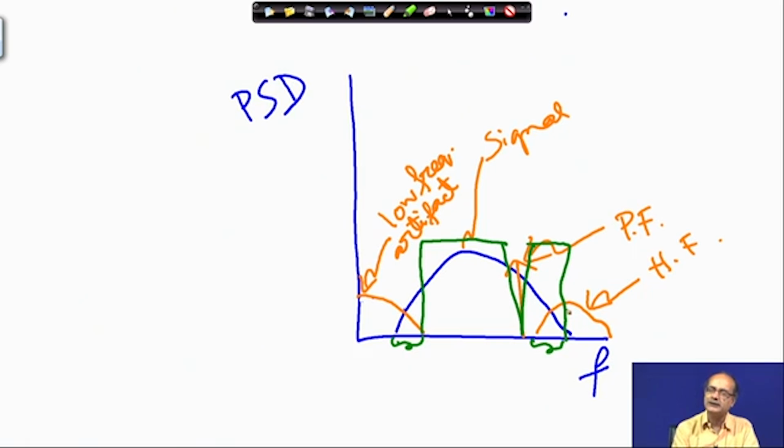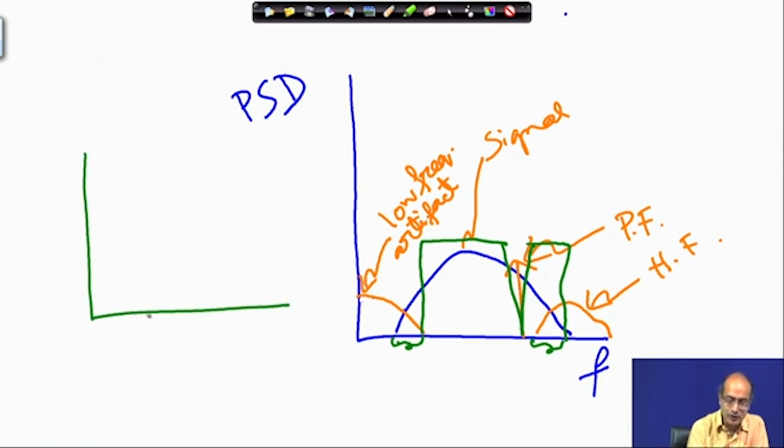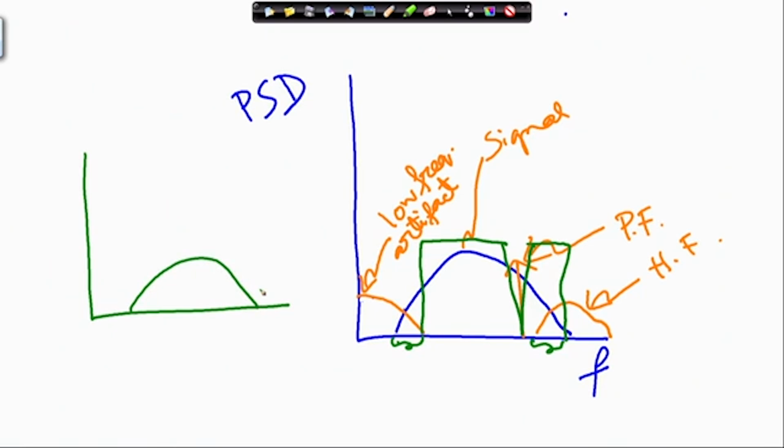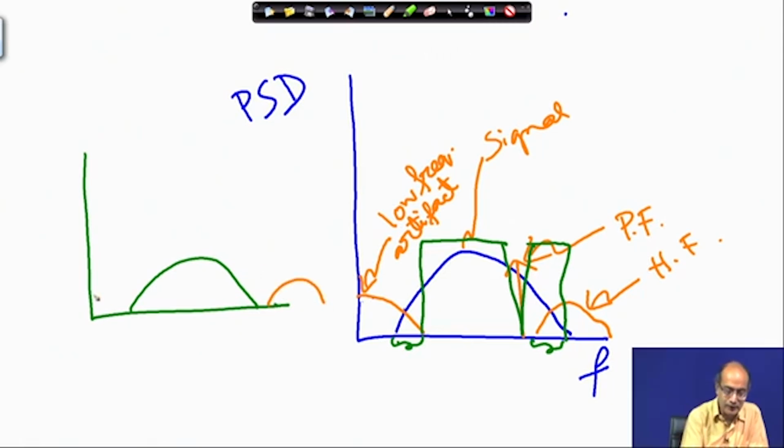So, here lies the dichotomy: so long as there is no overlap, for example, if we had a scenario like this, where here is a signal and here is the noise spectra, then we could easily separate them with a filter.